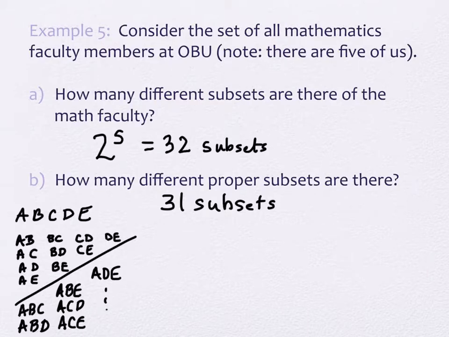There's a whole bunch more. But it might not just have 3 people on it. I could have a smaller group that actually has 4 people on it, right? So I have my groups of 4.